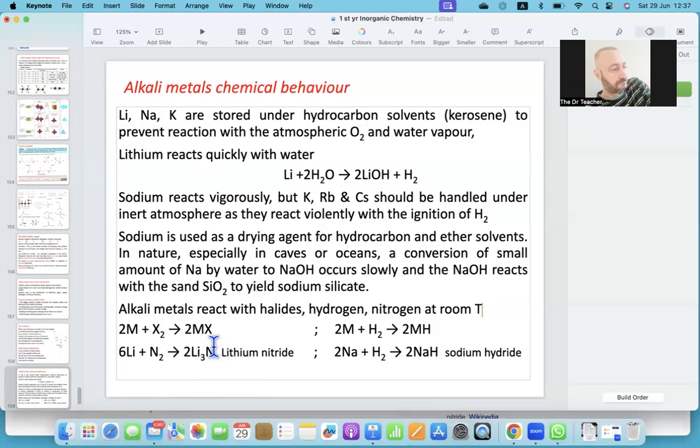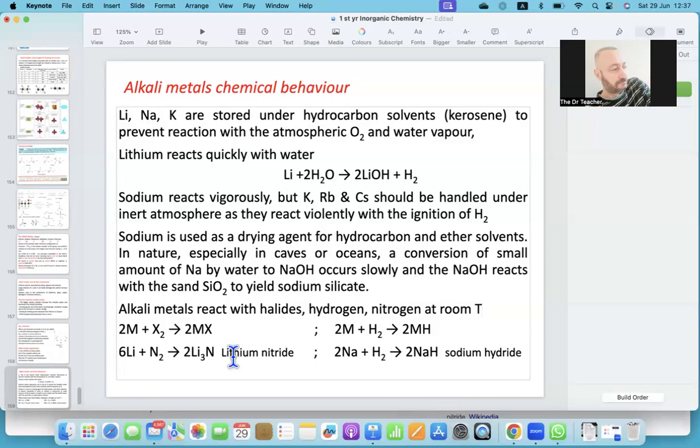Why does nitrogen need 3 lithium? Because nitrogen has 1s2, 2s2, 2p3. So the 2s is not involved, but the 3 electrons in p can form 3 single bonds with 3 lithium.